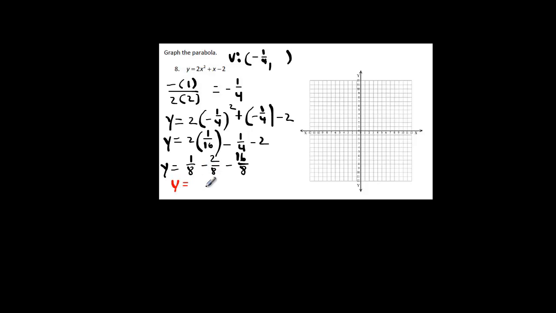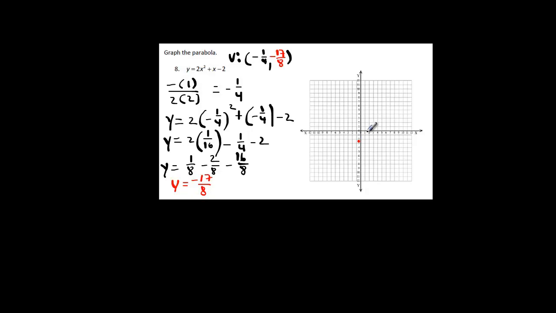Y equals 1 minus 2 minus 16 is negative 17. So negative 17/8, which is negative 2 and 1/8. So if I go negative 1/4, negative 2 and 1/8, it's going to be roughly there. That's the vertex.